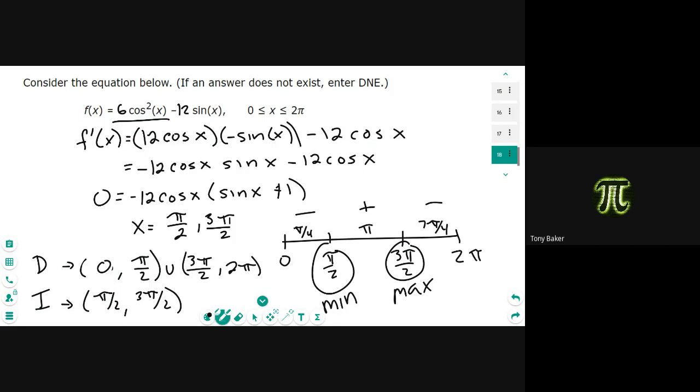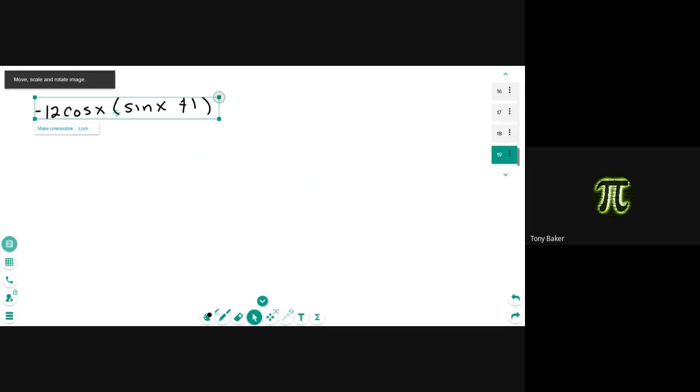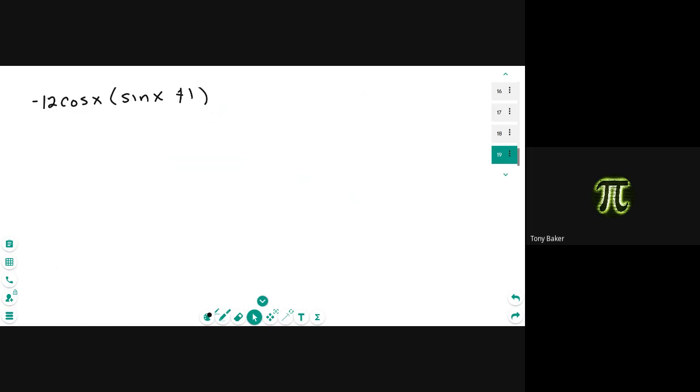All right. Now the inflection points we have to find are from the second derivative. So negative 12 cosine x plus one sine x plus one, because we pulled out the negative sign.